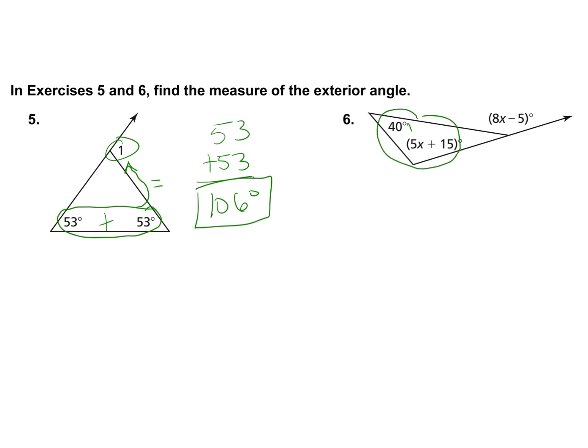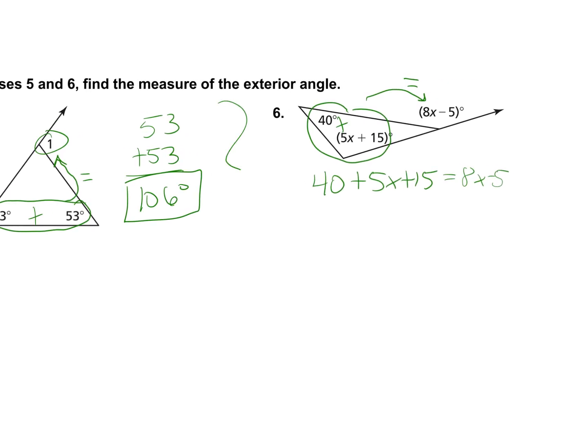This one, same thing. These two non-adjacent are going to add together to equal that one. So I'm going to say 40 plus 5x plus 15 equals 8x minus 5. We're going to combine like terms. I have 40, I have a 5x, I have a 15, and on the right side there's nothing to combine.